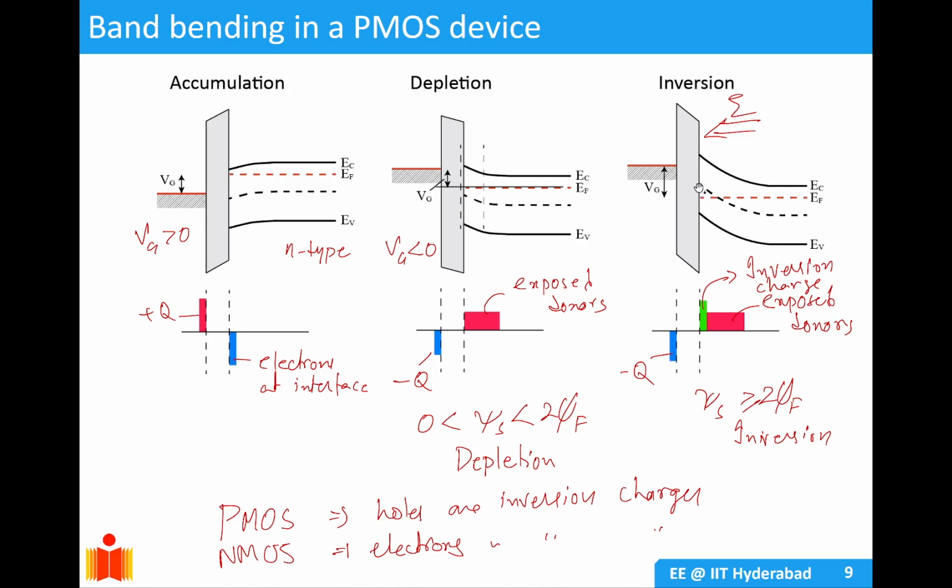So at the interface your accumulation is of holes for inversion. You have a depletion region due to depletion of electrons, and then a thin region for your inversion charges.